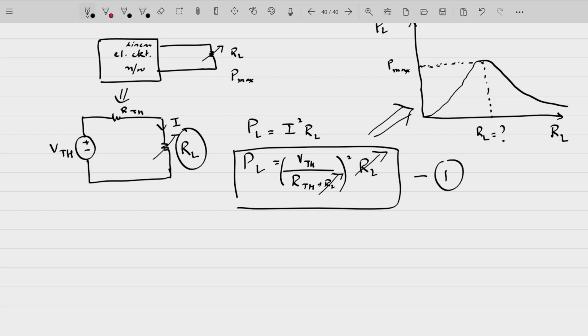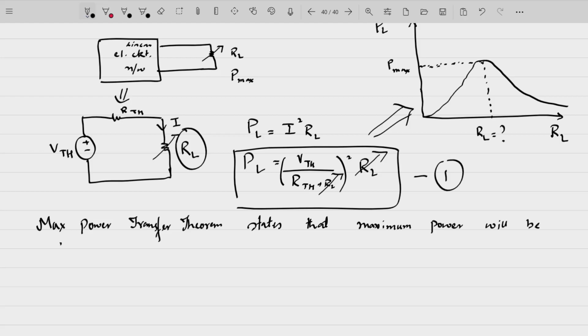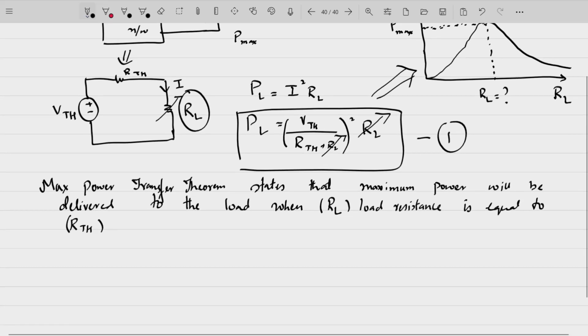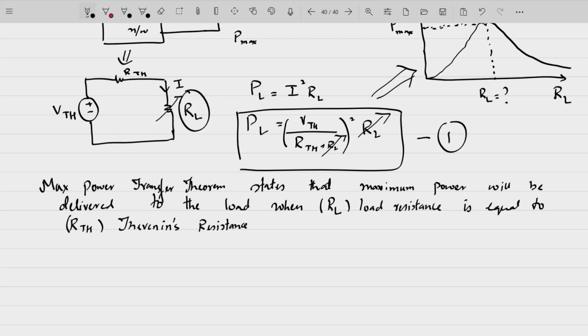So what the maximum power transfer theorem states is that maximum power will be delivered to the load when RL, that is your load resistance, is equal to RTH, that is your Thevenin's resistance, or you can even say source resistance.